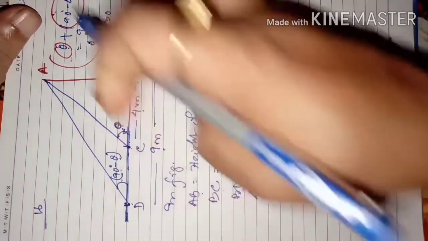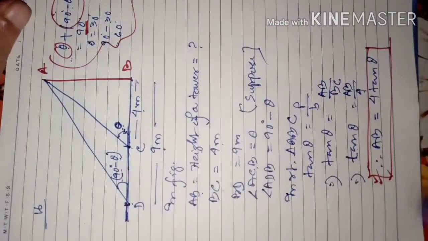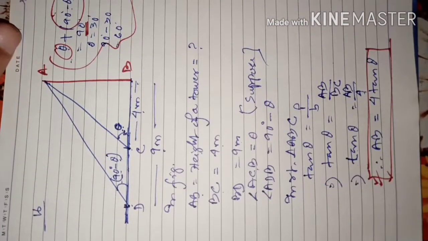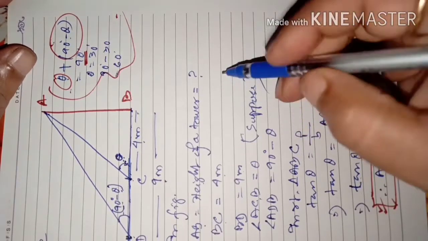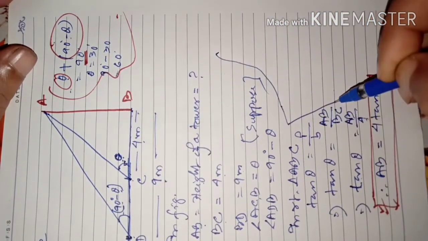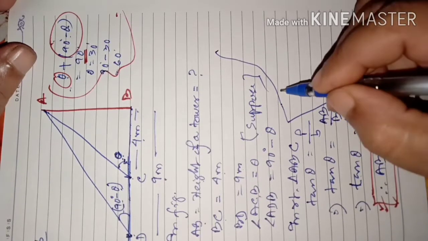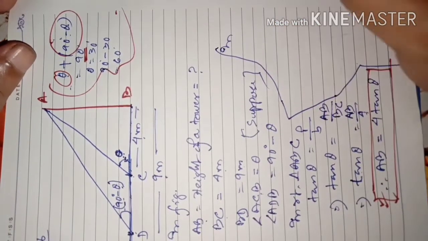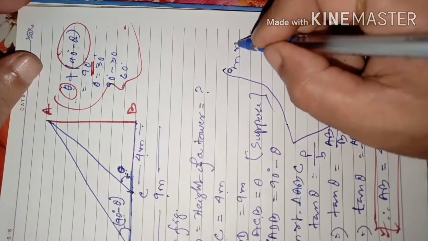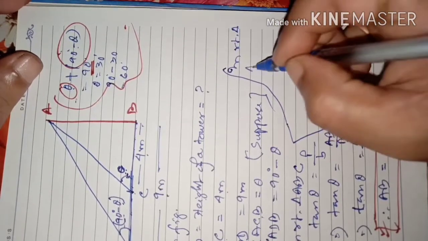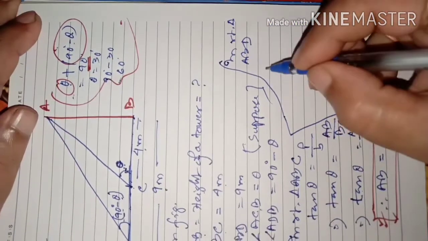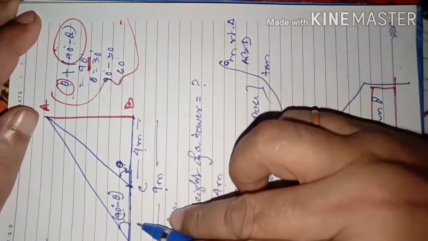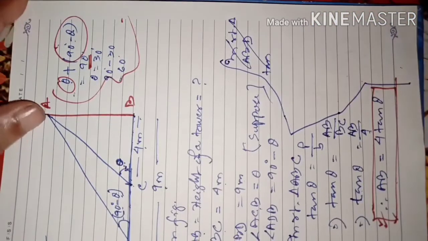Now we will take right triangle ABD also, in a similar way. In right triangle ABD, let me write in another space, because space is less here, students.